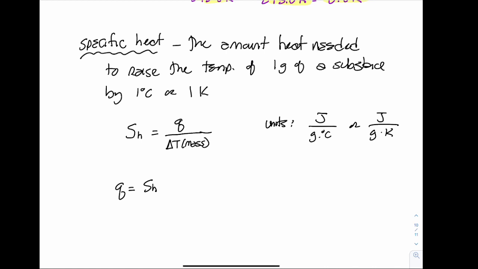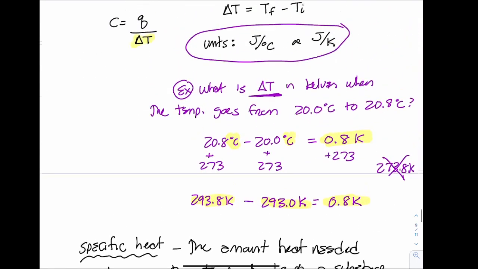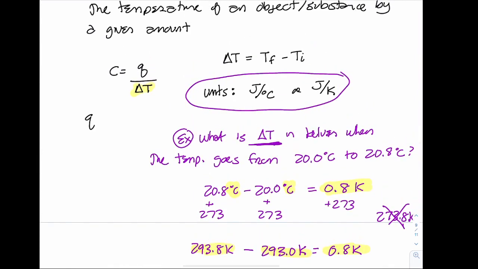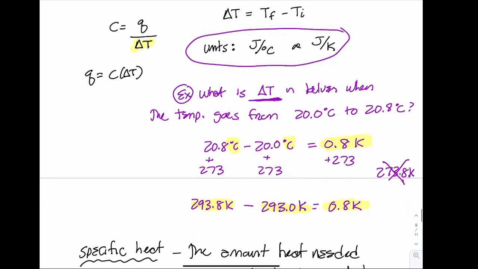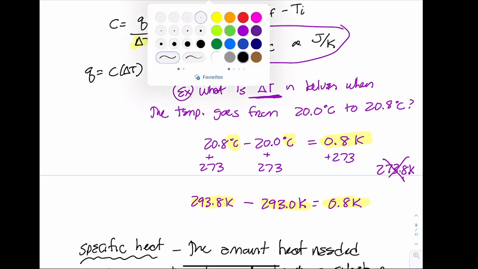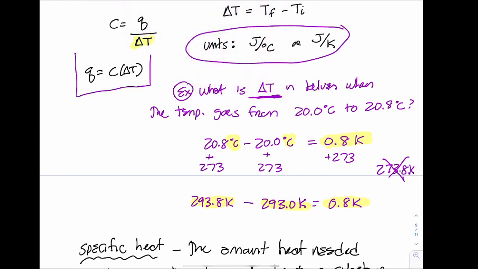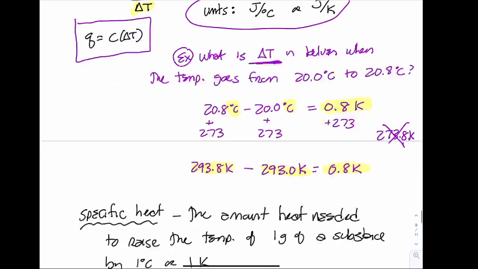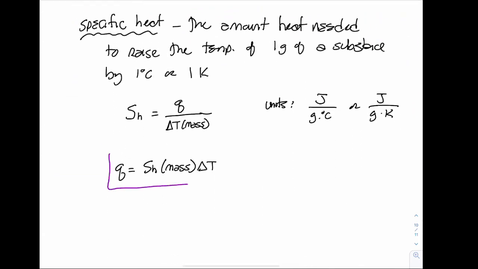So my specific heat multiplied by my mass multiplied by delta T. If we went back up to our heat capacity one, if I wanted to solve this for Q, I'm just going to take C and multiply it by delta T. The way that these equations are found on the back of your periodic table, and they are on your periodic table, they just look a little different, is they're combining them, right? Q is equal to this, and then Q is also equal to this. So on your periodic table, they're actually putting it in one line.